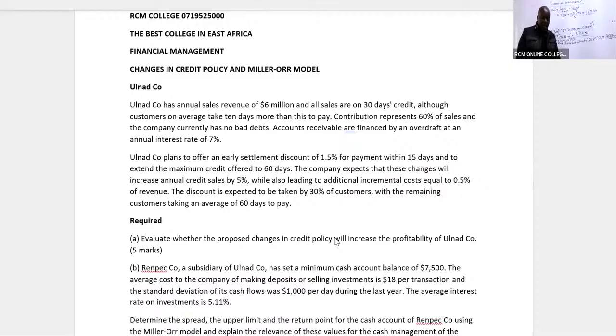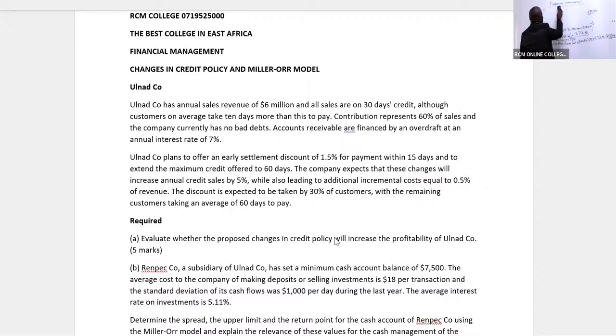You see, we have an existing policy. And if I were you, first of all, I would want to know what the current average collection period is. That's where we begin from.